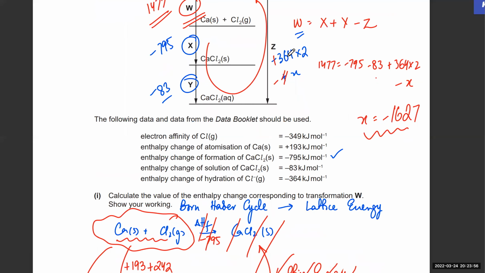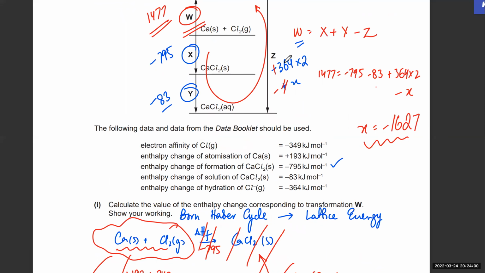Z was equivalent to minus 364 into 2. So z was minus 364 into 2. And plus x. And x comes out to be minus 1627.